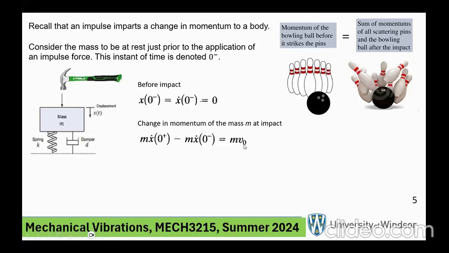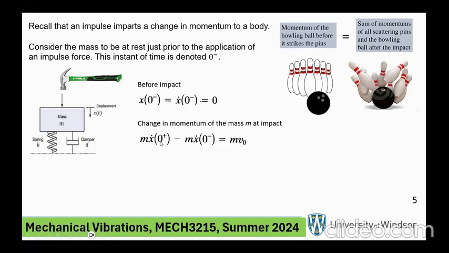Okay, we write this as mv naught because this fellow, let me go back here, this fellow is 0 from up here, and m times x dot of 0 plus means the velocity of the block at time 0. That's why we call this mv naught. So notice that momentum before and after impact is not the same.